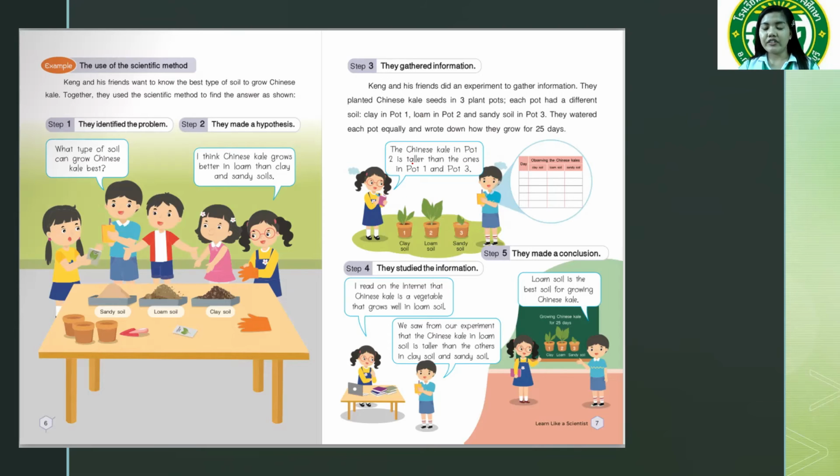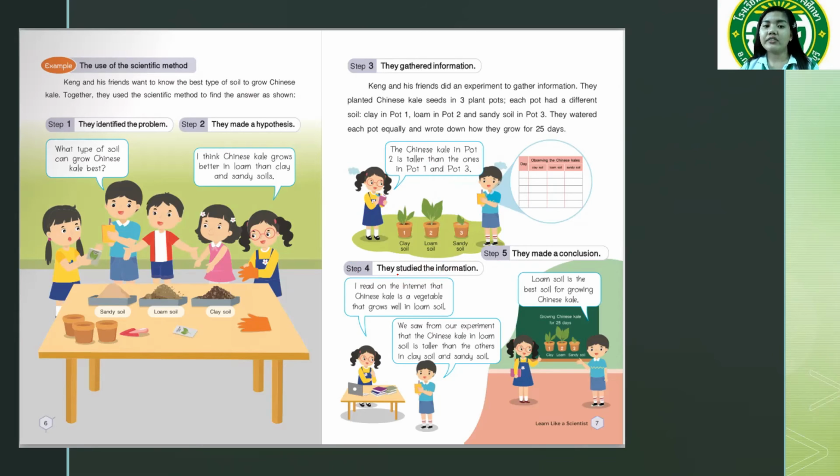So they gathered information about the best soil to plant Chinese kale. And so the Chinese kale in pot 2 is taller than the ones in pot 1 and 3. That is the information that they gathered. And in number 4, they studied the information.